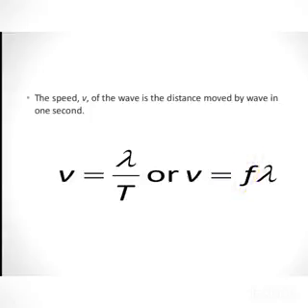So the formula for the wave speed becomes v is equal to f lambda, frequency into wavelength. So we can say that wave speed is the ratio between the wavelength and the time period, or wave speed is the product of frequency and wavelength. This formula would be used further in different examples to find the speed of the wave.